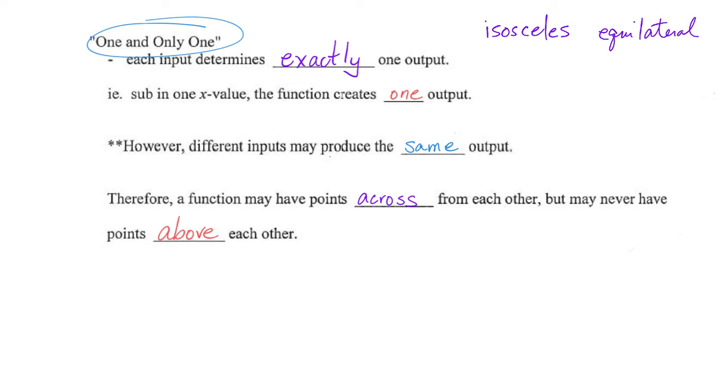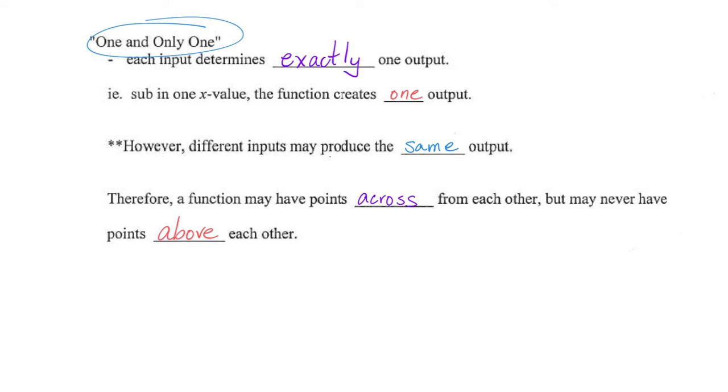So hopefully that gives you an idea of why we have to be very focused on our language. When we say one and only one, that excludes the option for anything else. There has to be exactly one answer, so in this case, exactly one output.